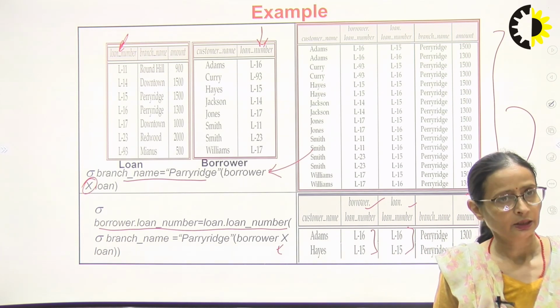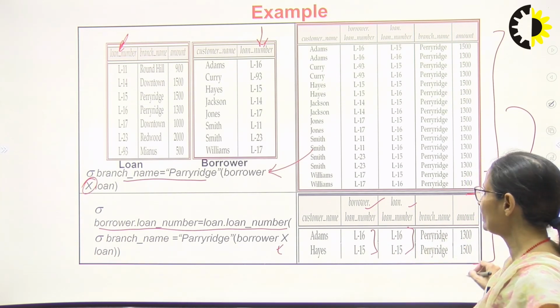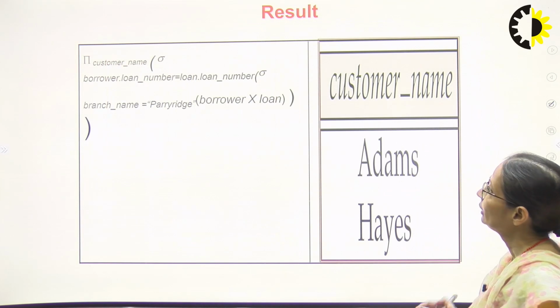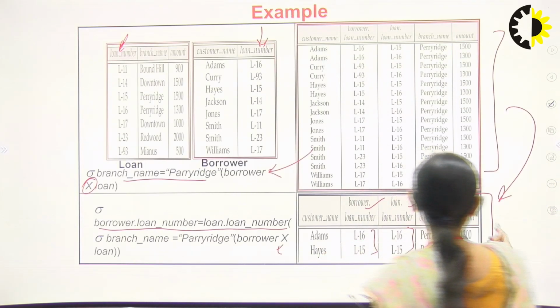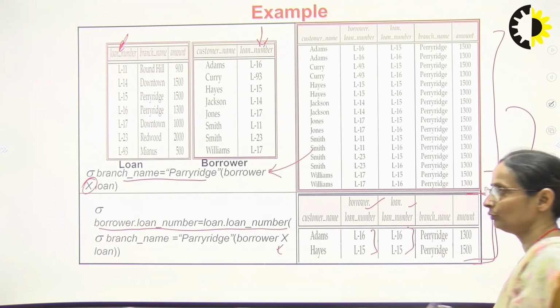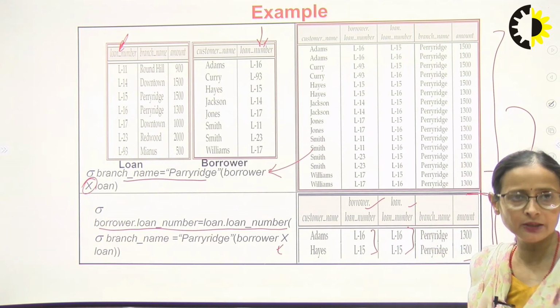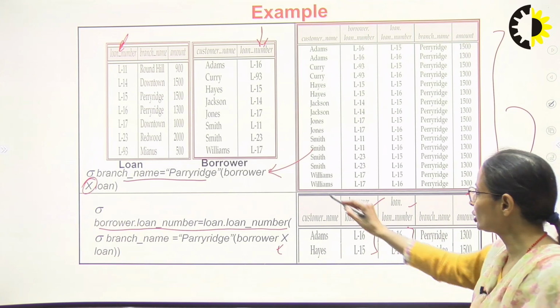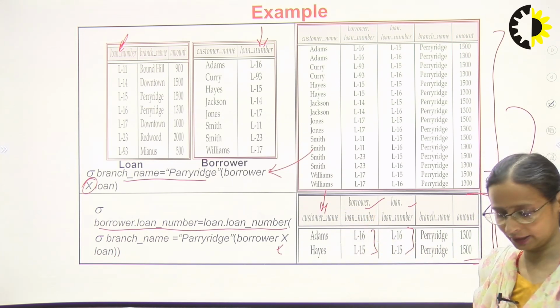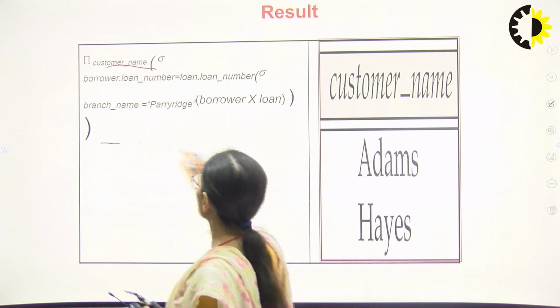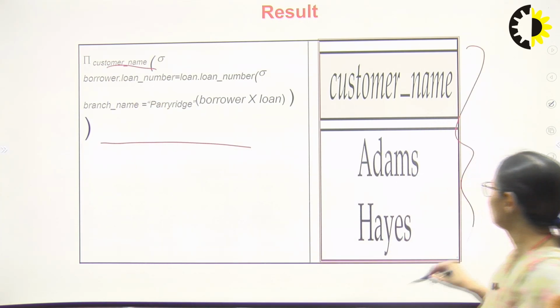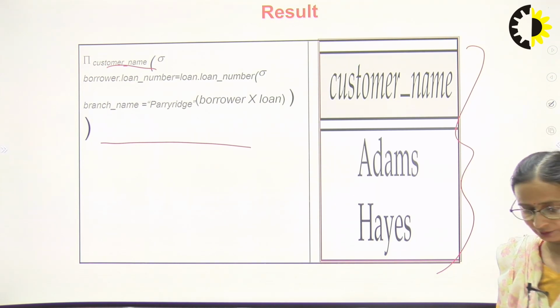But again, we don't require all this information. We need only the customer name. So on this particular relation, we are applying the pi operation, but on which attribute? On the customer name. So this is the final relational algebra query, and this is my final output.